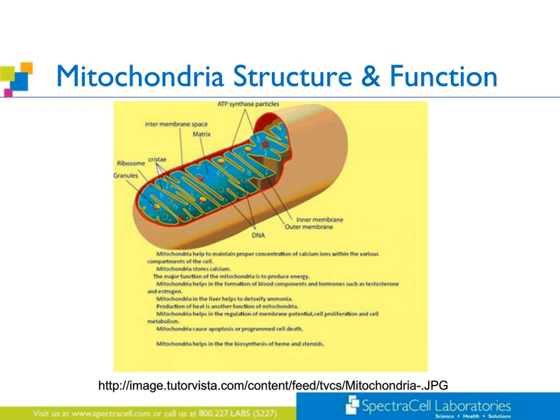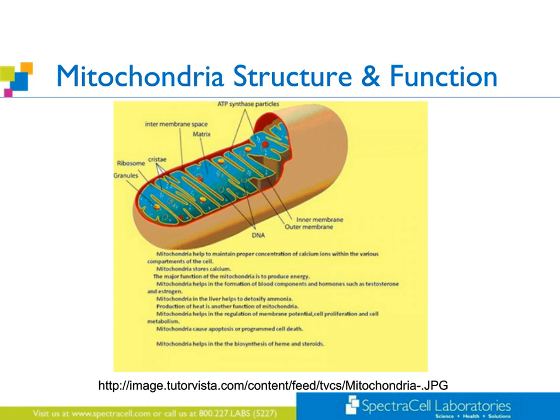And when we look at the actual function, the functions of the mitochondria are actually listed here. That's why I've included this slide. The calcium channels are particularly important in the mitochondria.